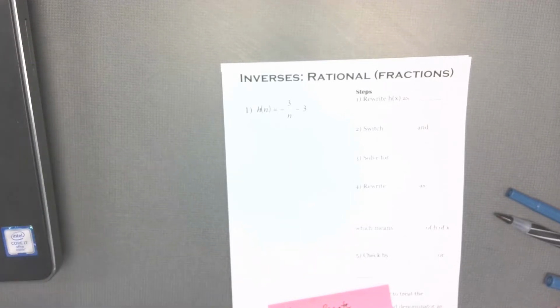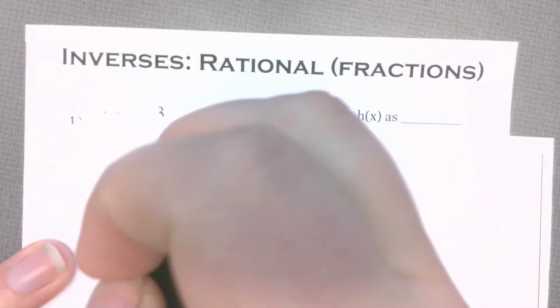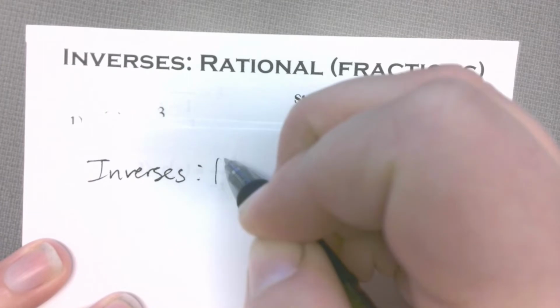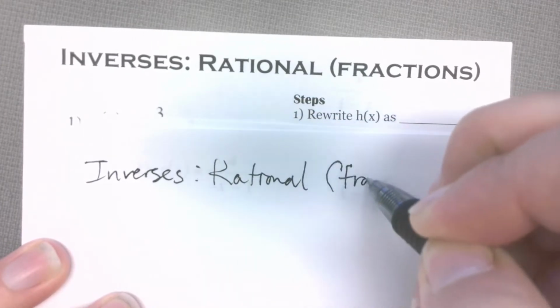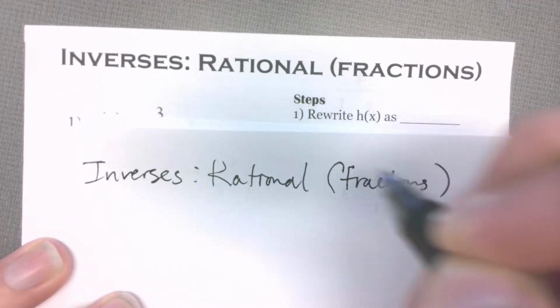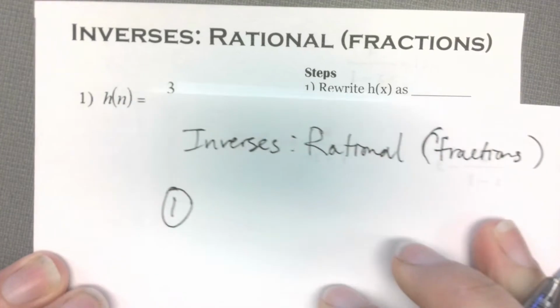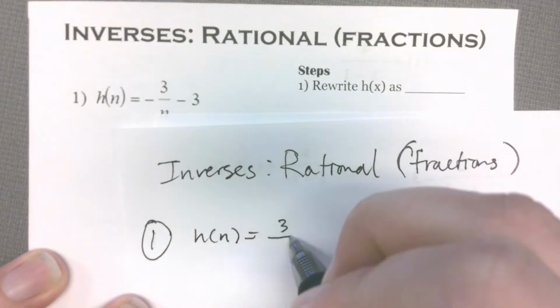When you do your notes, when you do your assignment, this is what it should look like. The title should be at the top of your page in your journal, so I can tell which assignment this is for. You should number your problems. You should have the original problem written down.